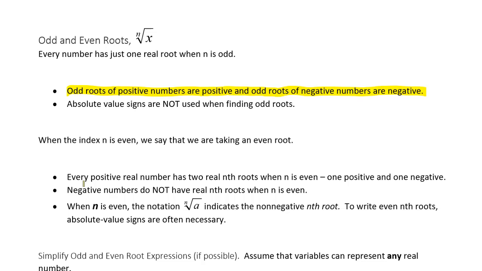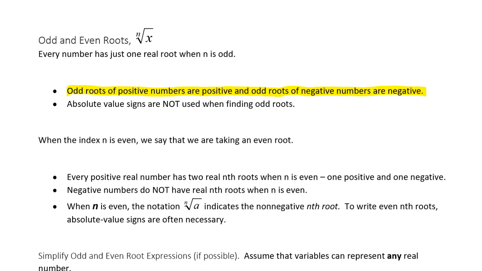When the index n is even, we say that we are taking an even root. Every positive real number has two real nth roots when n is even, one positive and one negative. Negative numbers do not have real nth roots when n is even.